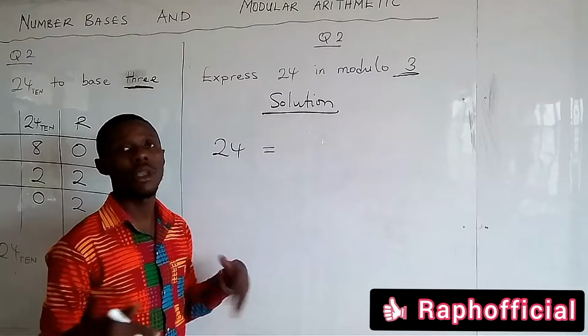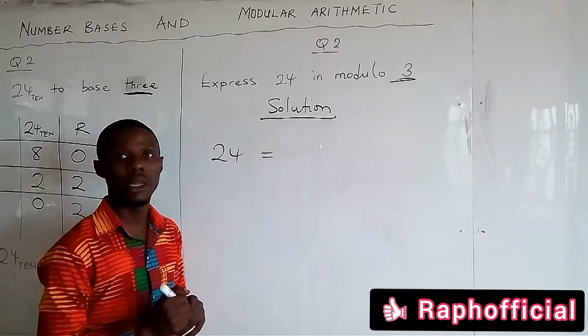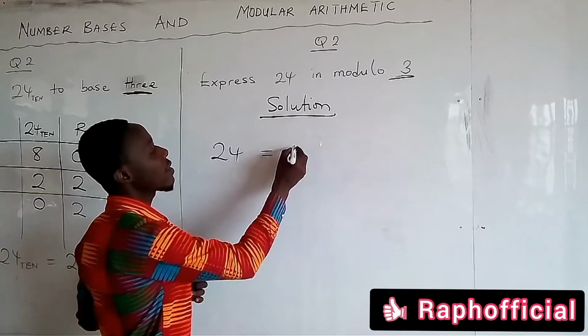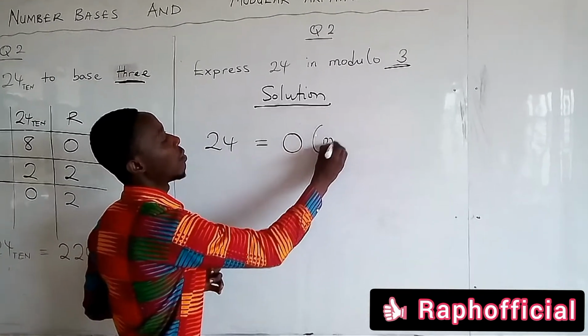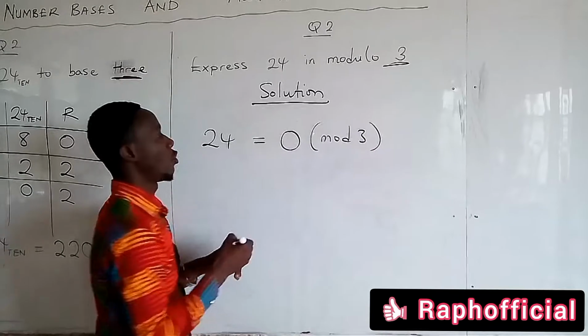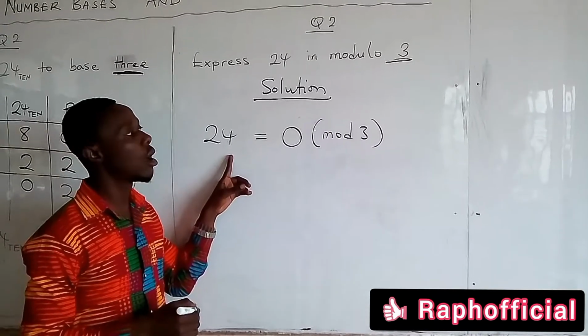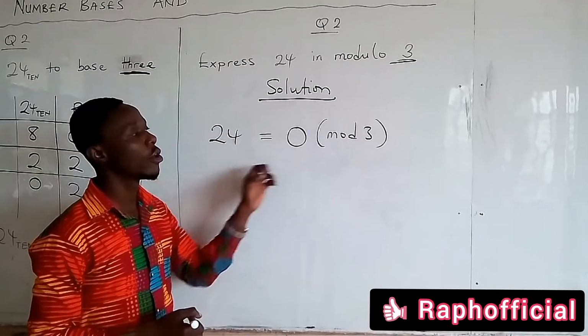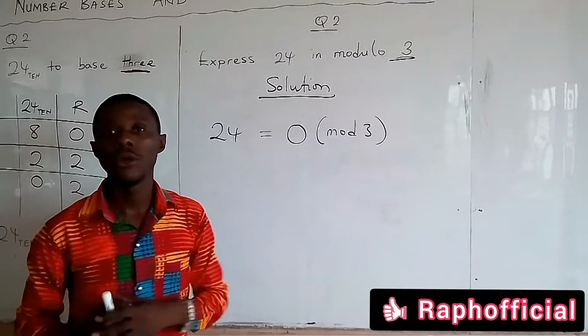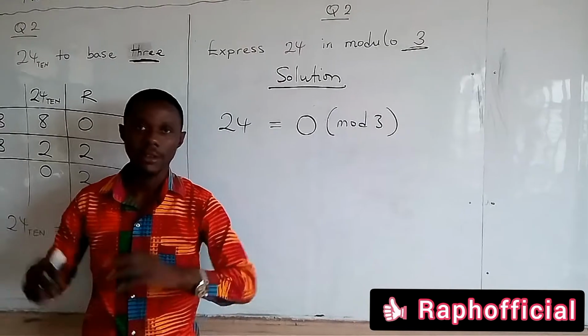But we don't care. We only care about the remainder. And the remainder is 0. Therefore, 24 in mod 3 is 0. This is the end of this lesson. Thank you.